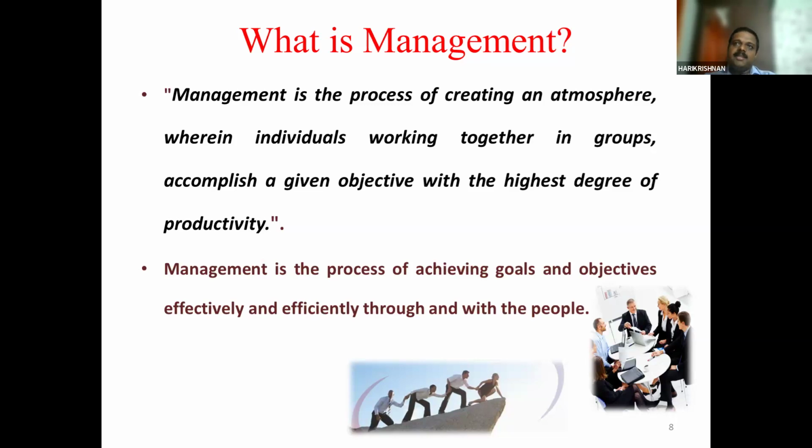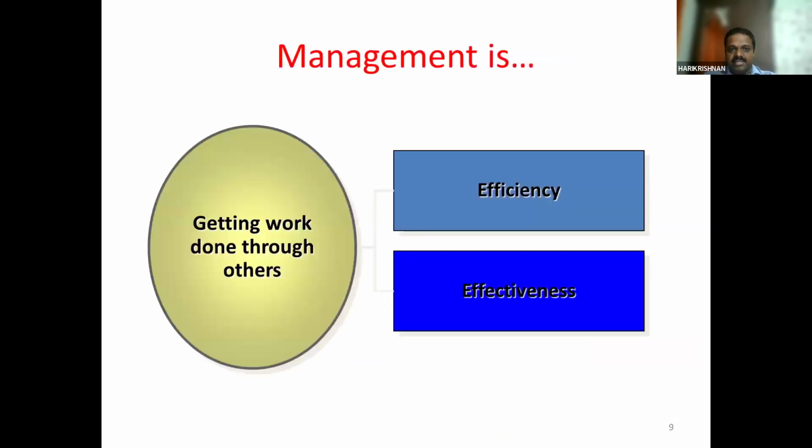Because in a company there are so many sections through which the product will be passing, and in all the sections there will be so many workers. If they are ready to go together, then only the company will be in a good state. That is where management is the process of achieving goals and objectives effectively and efficiently through and with the people. That is what we have said about the management definition.